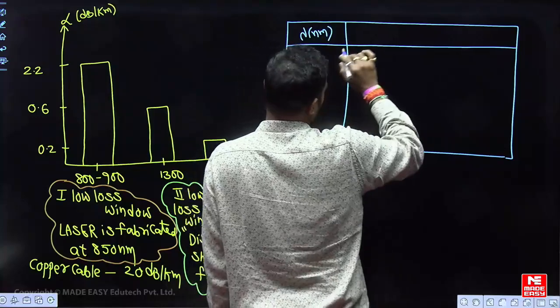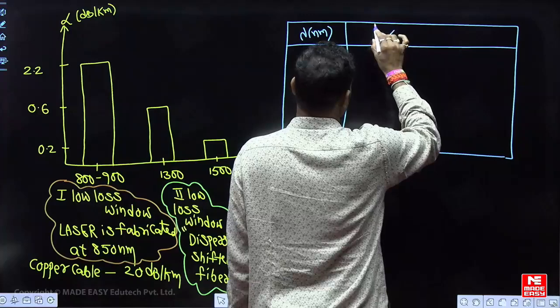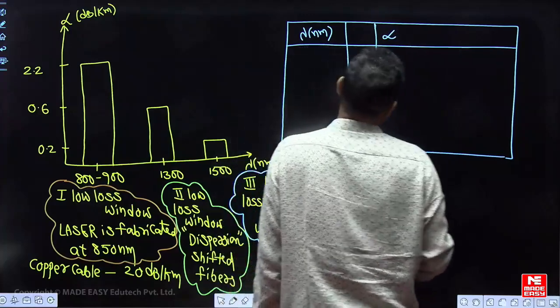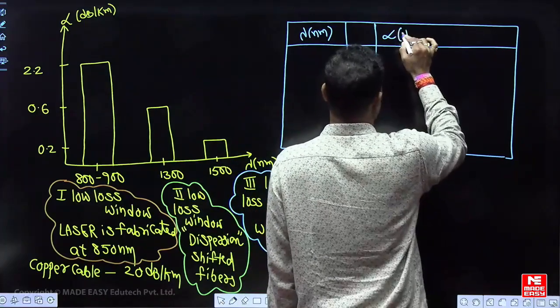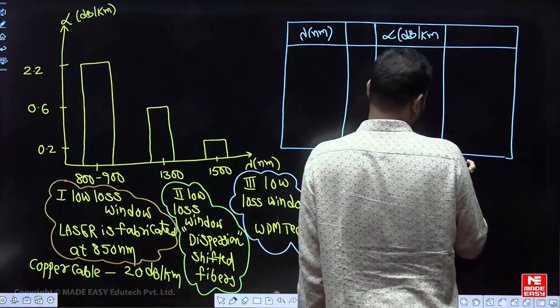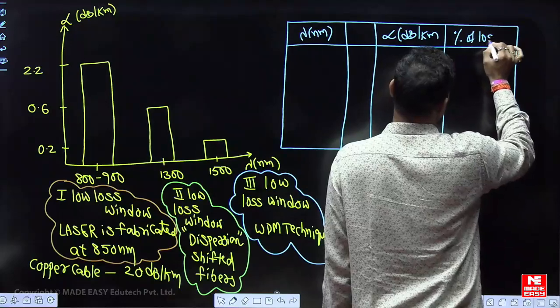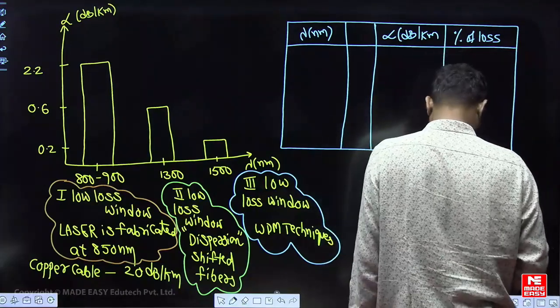Then alpha, that is attenuation. Alpha is written in terms of dB per kilometer. And the remaining one is the percentage of loss, that is loss percentage.